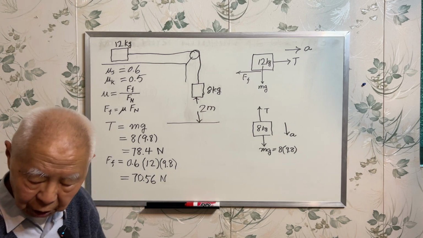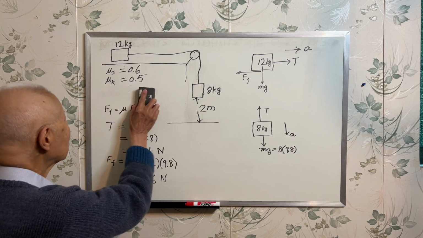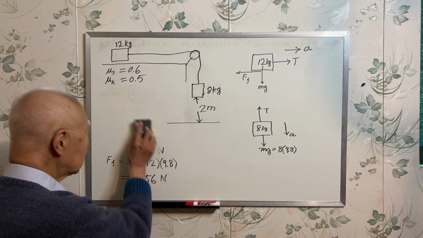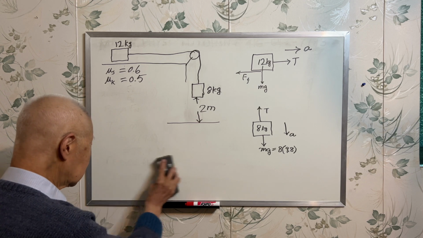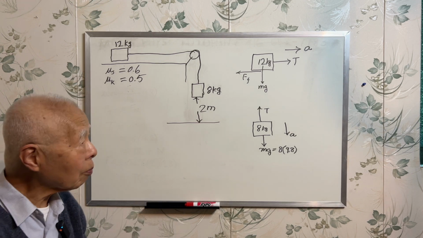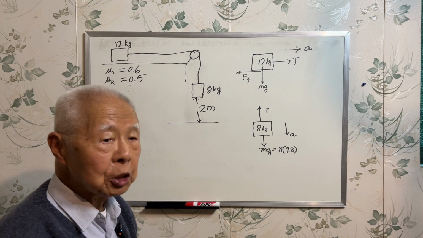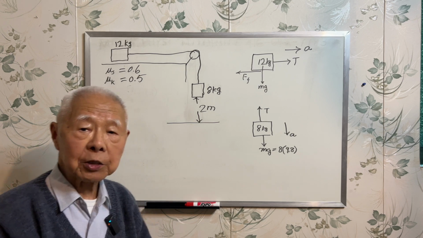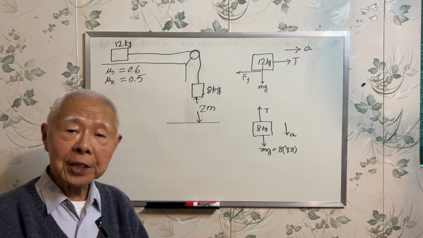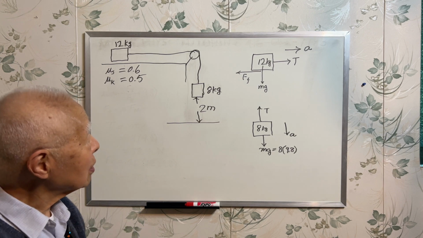All right, so for the 12 kg mass, I can write in Newton's law, net force equals mass times acceleration.